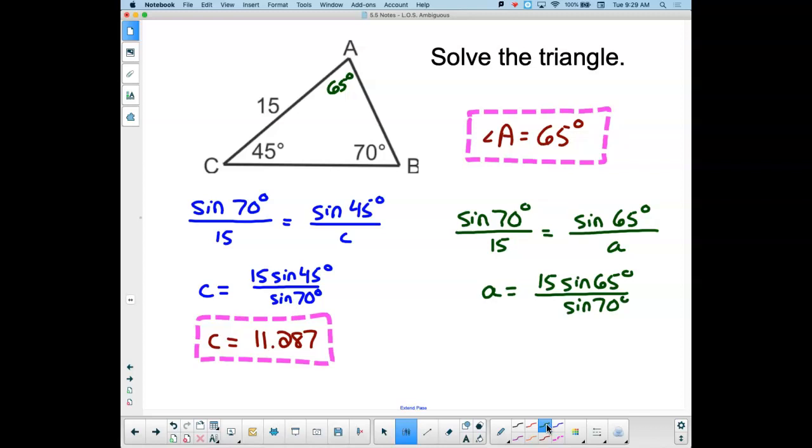Much the same, except instead of a 45 degree angle, now it's a 65 degree angle. And so side A is 14.467. Yes?